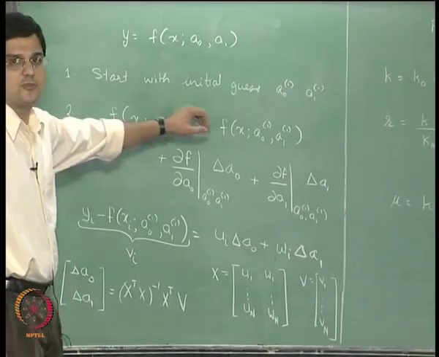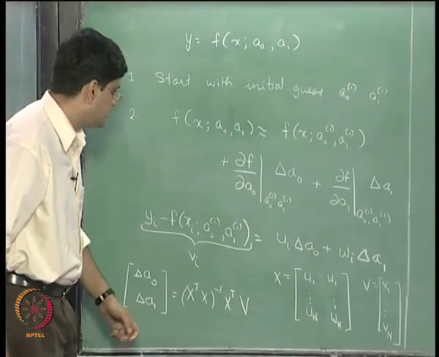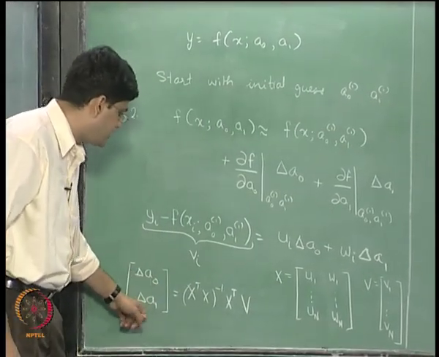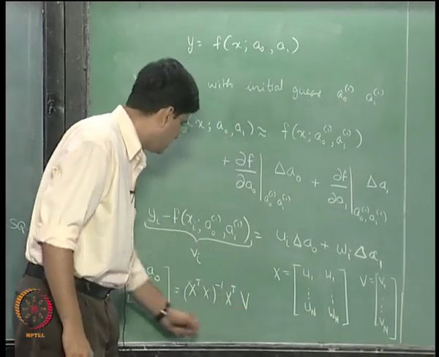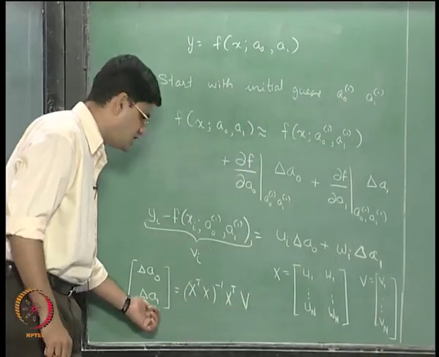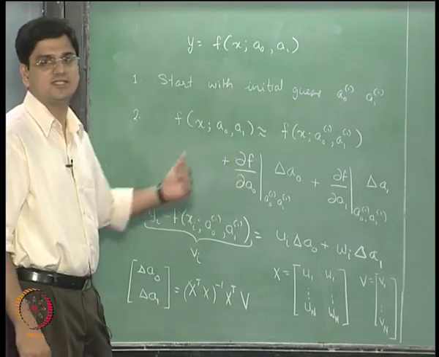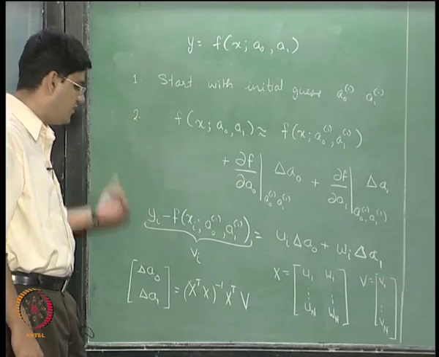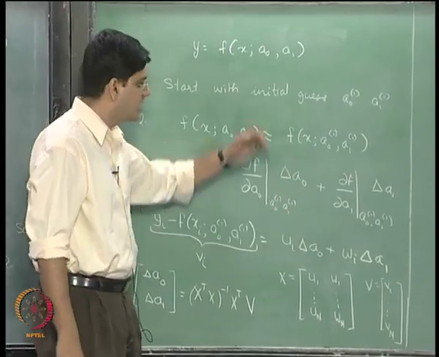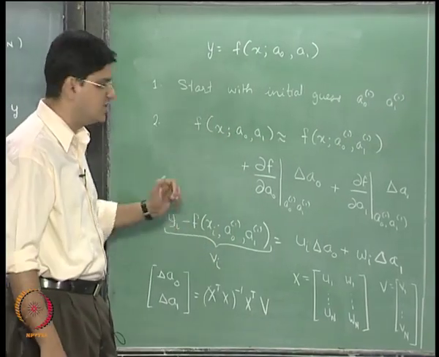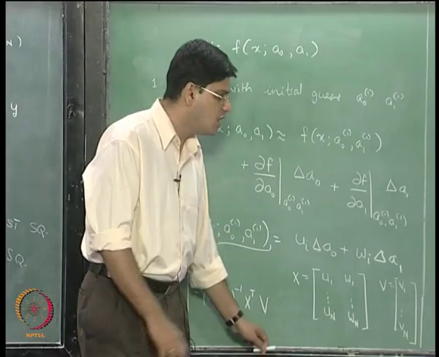So the overall procedure is to start with initial guesses a0 and a1, then compute delta a0 and delta a1 using this linear regression. Based on delta a0 and delta a1, we will get a0 2 as a0 1 plus delta a0, a1 2 as a1 1 plus delta a1, and so on, and keep repeating until there is no more change in the delta a0 and delta a1 values, okay.